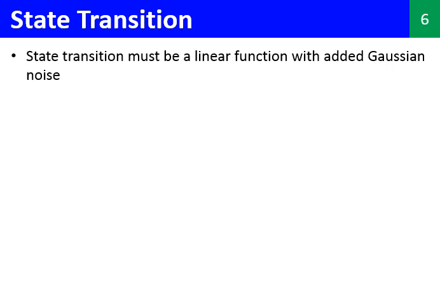First, let's look at the state transition model. We should be able to write the state transition model in the following form. That is, xt equals At x t minus 1 plus Bt ut plus epsilon t.